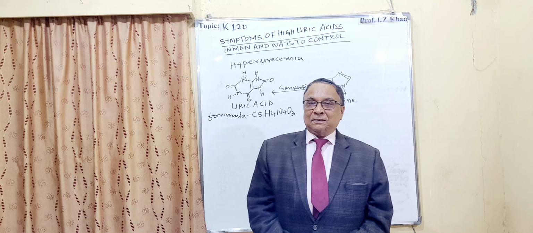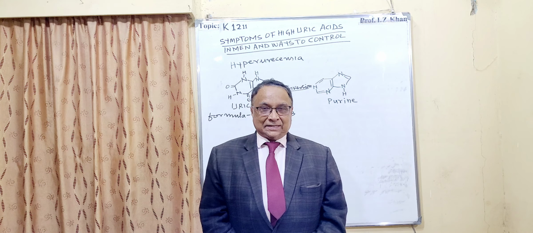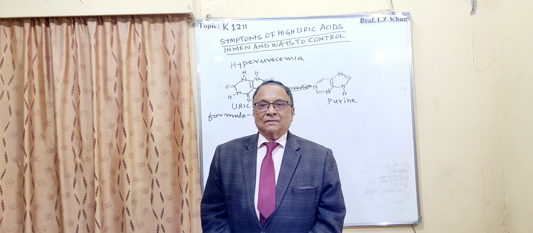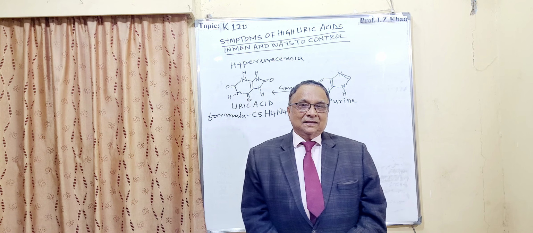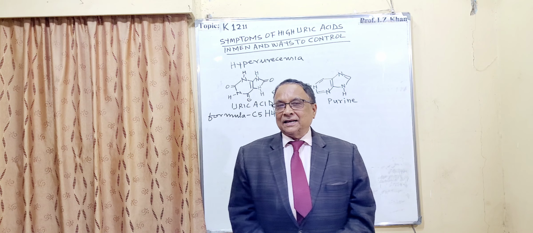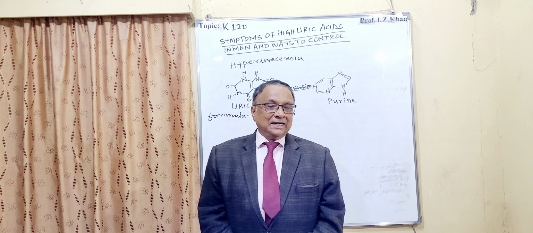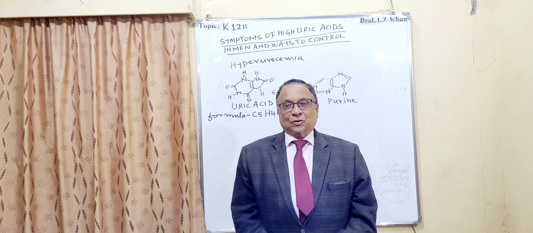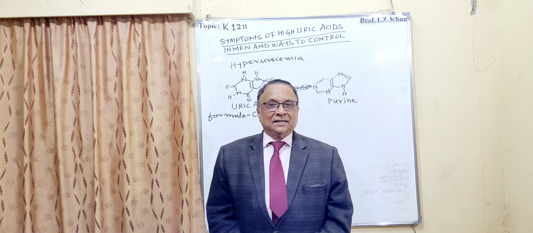So the first symptom of high uric acid in our body is inflammation, stiffness, joint pain, swelling, and a reddish color with sharp pain. In chronic condition, we call it gout.